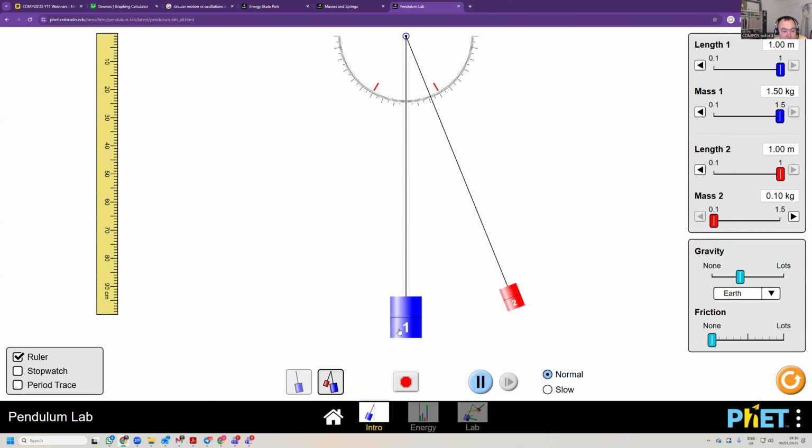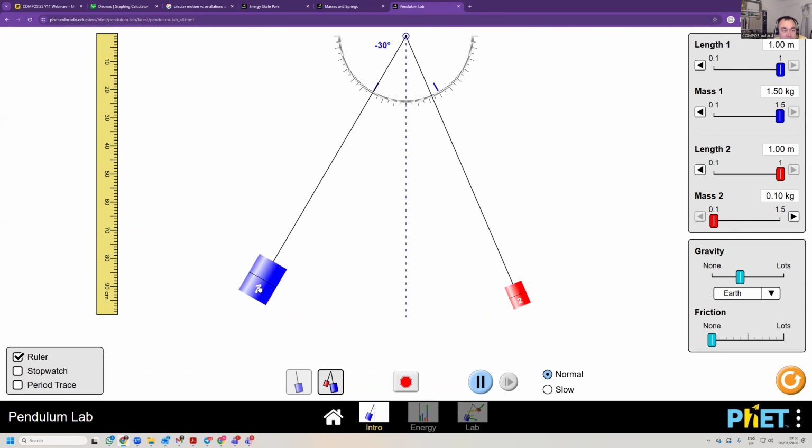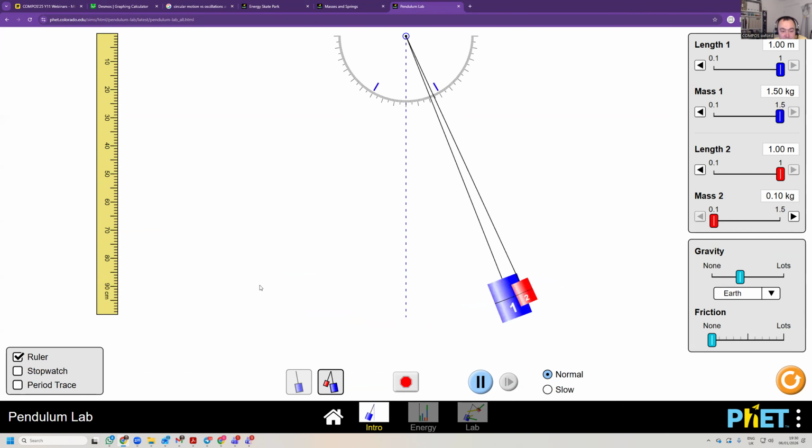Let's let them go at 30 degrees. They have exactly the same time period, even though they have very different mass. They just have a slightly different phase because I didn't release them at the same position.